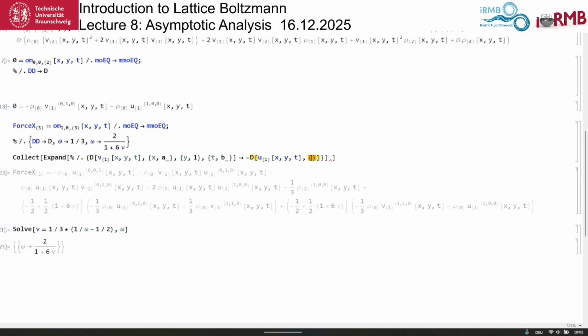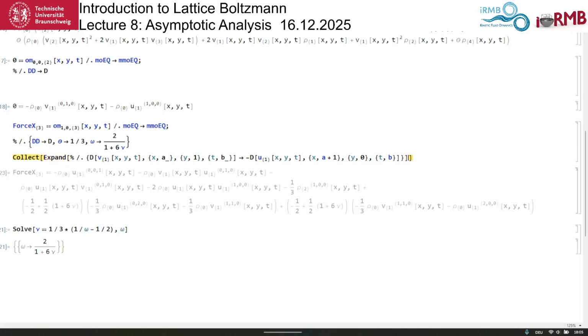Here in x it is a plus 1, one more. And in y it is one less, so in y it's 0. And in t it's the same as before, it's b.